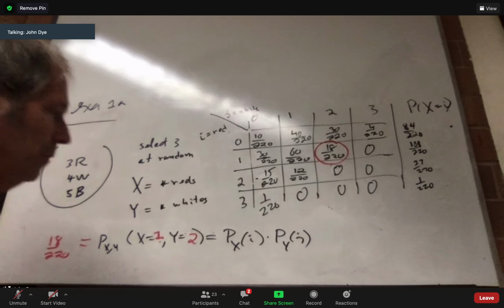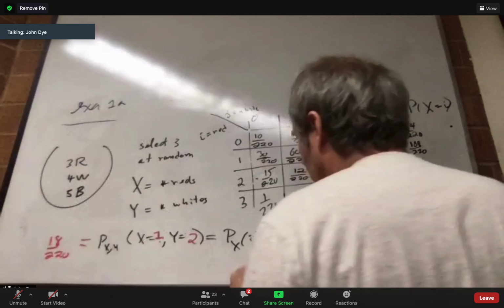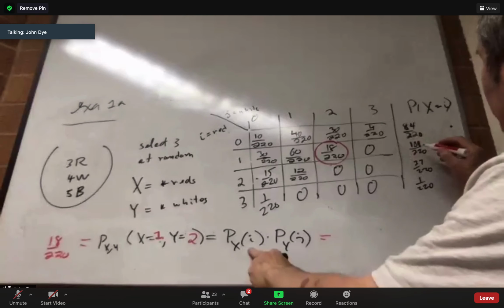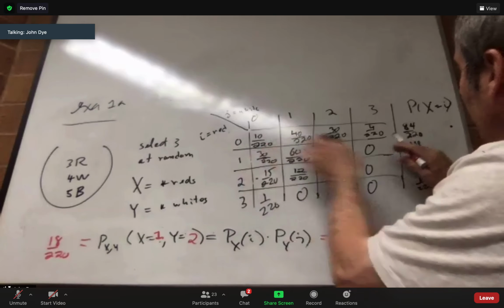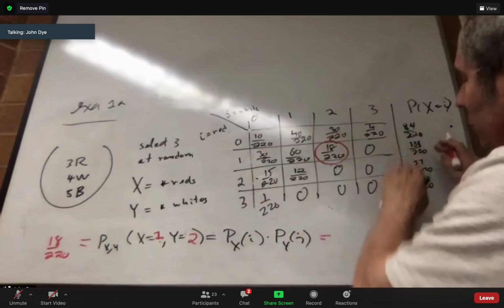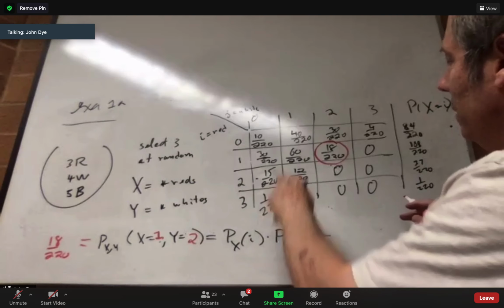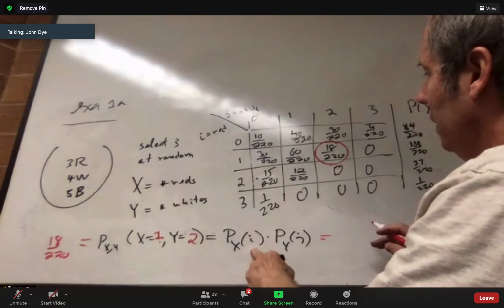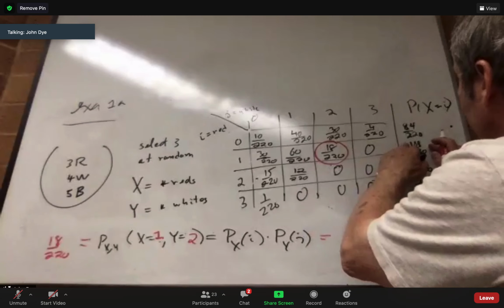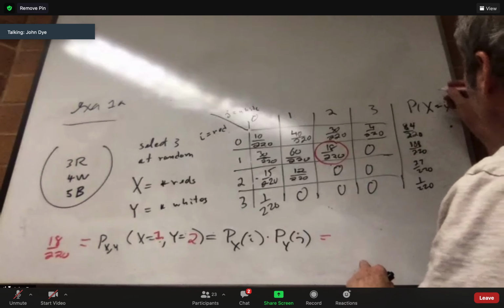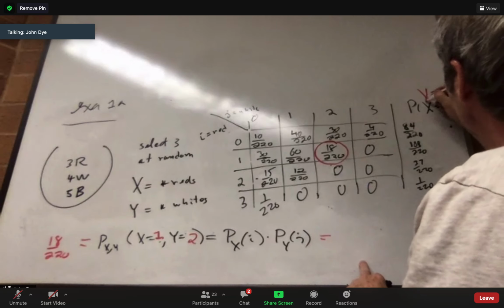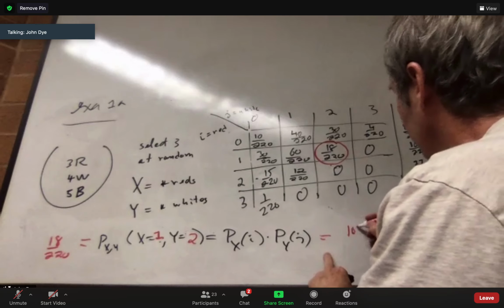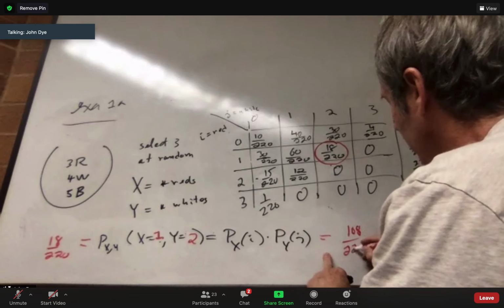Now I've got to be careful. What is the probability that I get 1 red? We have to have this marginal distribution to get that. It's summarized by this marginal thing here, so this is x equals 1, and it's 108 over 220.